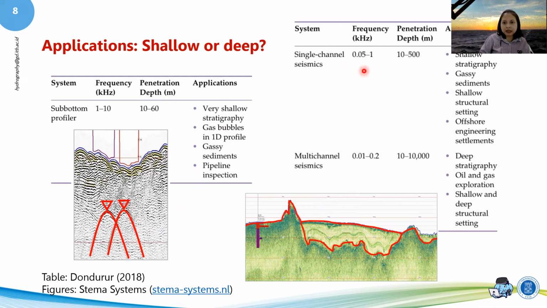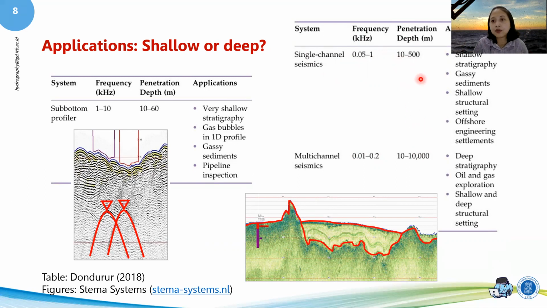So if you want to see deep stratigraphy, deep structural settings, if you want to do exploration or offshore engineering settlements, you need to have the seismic. And of course, the difference is going to be, you see that it might not look different, this 0.05 to 0.1 and 0.01 to 0.2, but the penetration, you can see how different it could be.